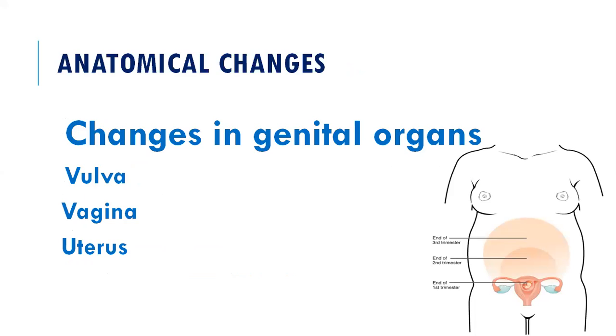Genital organs means the vulva, vagina, and the uterus. Look at the figure which indicates the size of the uterus in different trimesters. Growing of the abdomen in a pregnant woman is due to the growth of the fetus and the growing size of the uterus.